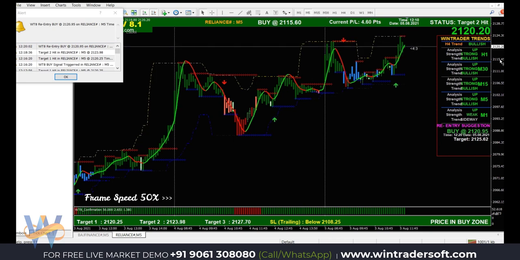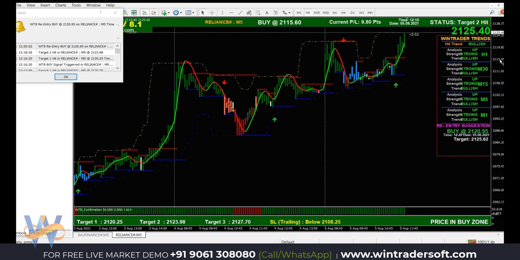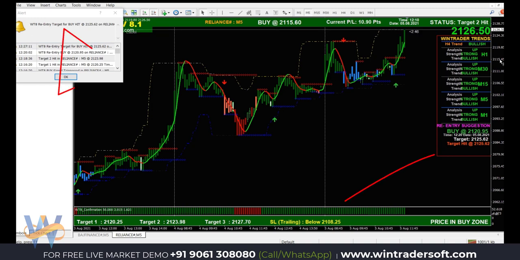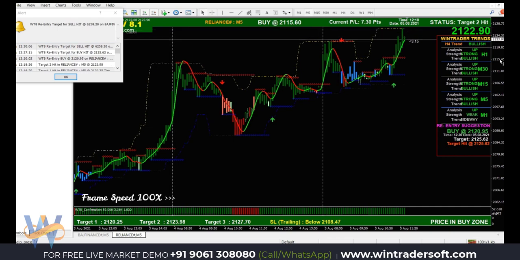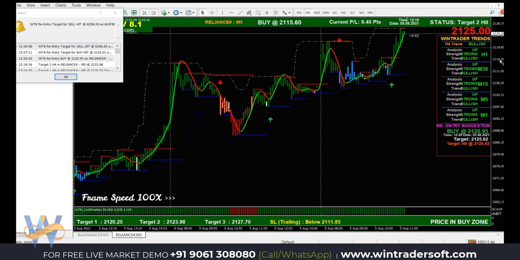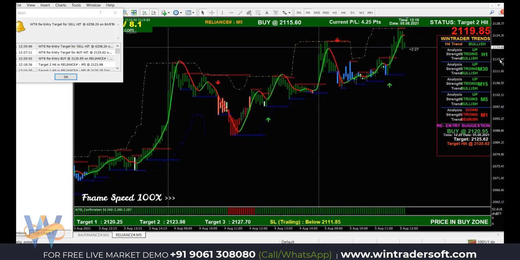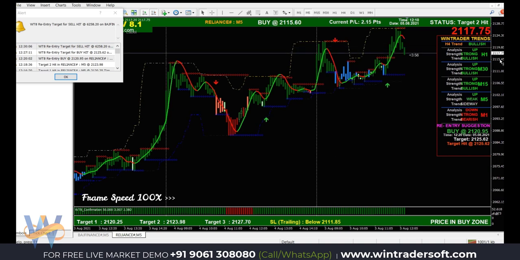If you enter that re-entry suggestion at almost the same price, 2120, the first re-entry target is triggered. The advantage of the re-entry target is that once you exit the re-entry target, if the market continues the same trend, we will get a new re-entry suggestion. The next re-entry suggestion should appear there, so you can wait for it.